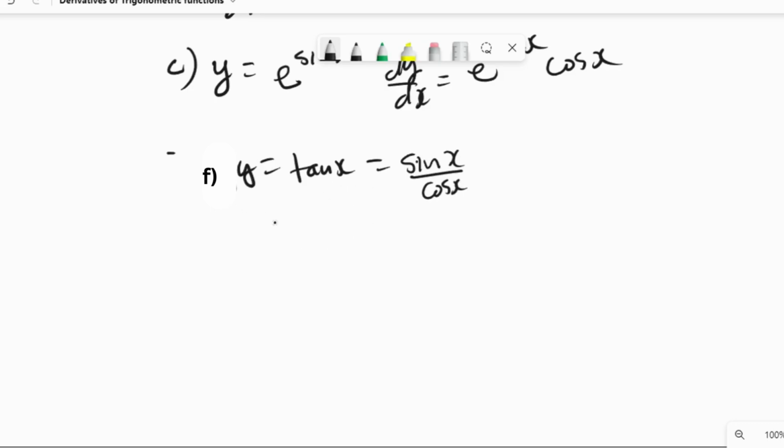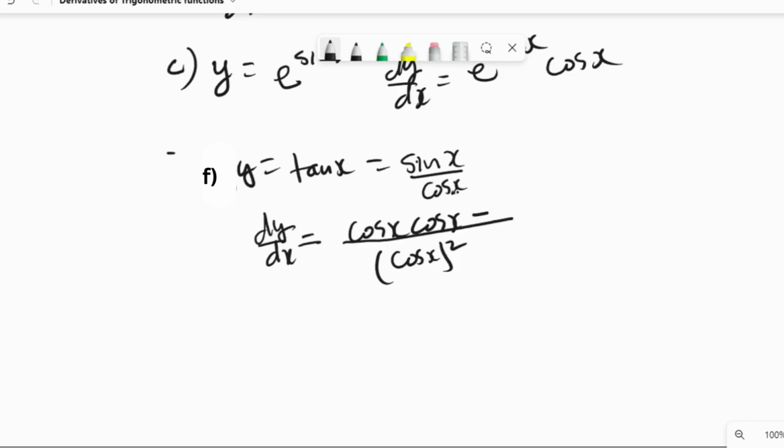Therefore, dy dx will be cosine x squared. The derivative of sine is cosine times cosine x, take away the derivative of cosine, which is minus sine x, times the numerator.